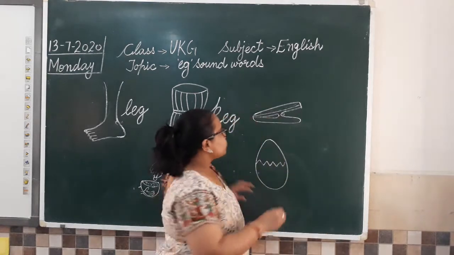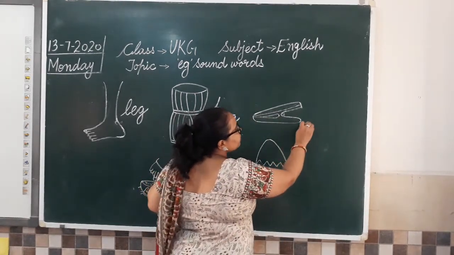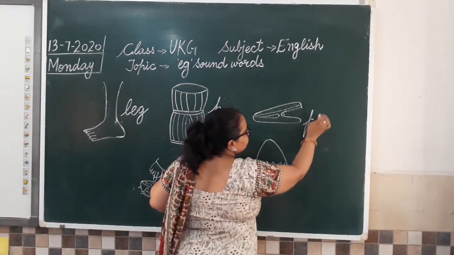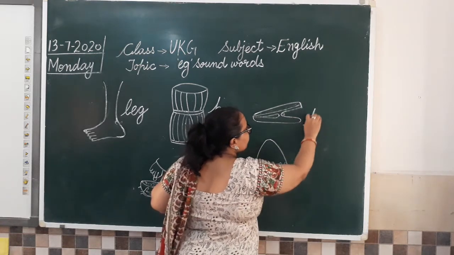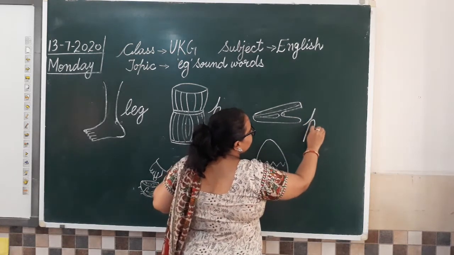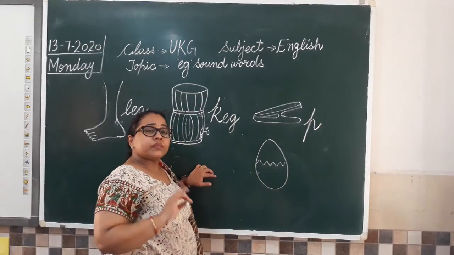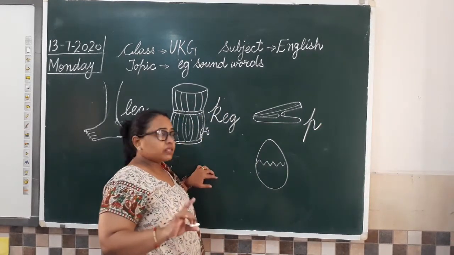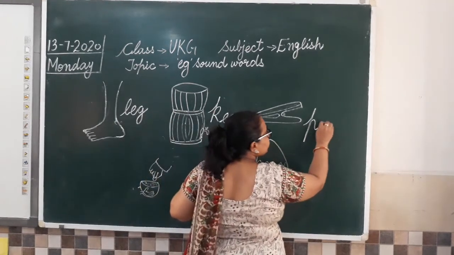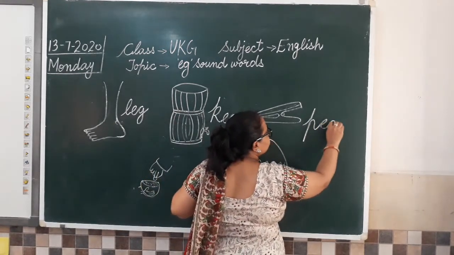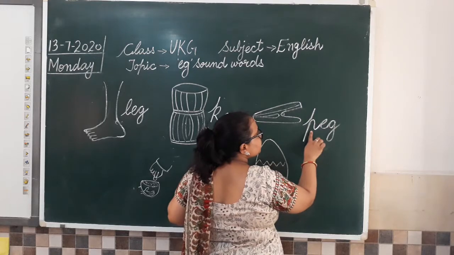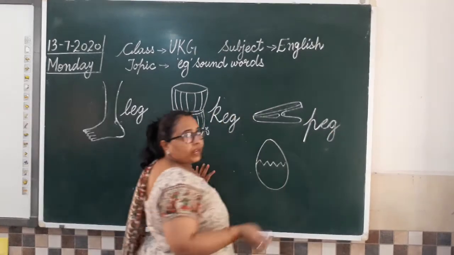Okay. So I'm going to write that here. Now blend the sounds. Per. Which is the first sound I'm going to write? Per. So this is per. Per is blended with egg sound. So I'm going to write egg. What does it become? Per, egg, peg.